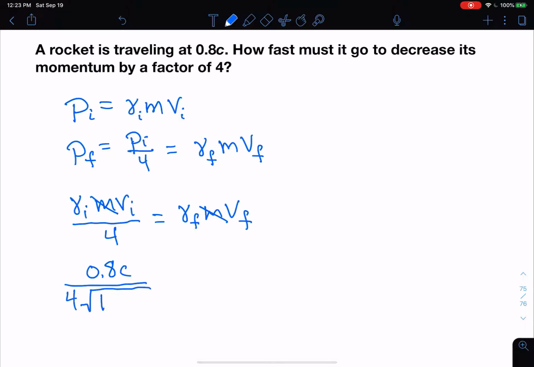And then I've got to do 1 minus V squared over C squared. Let me write it out to make it clear: 0.8 squared C squared over C squared, so the C squareds cancel. And I'm going to go ahead and write this side out like so.